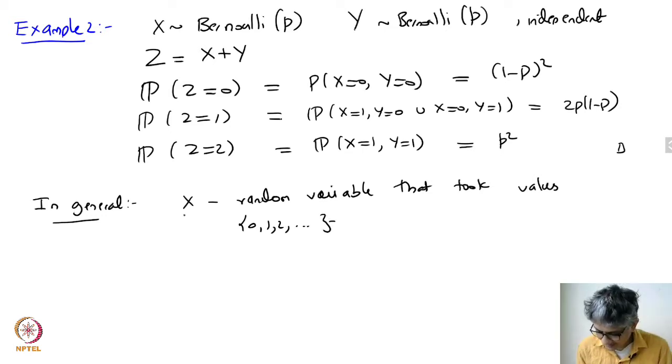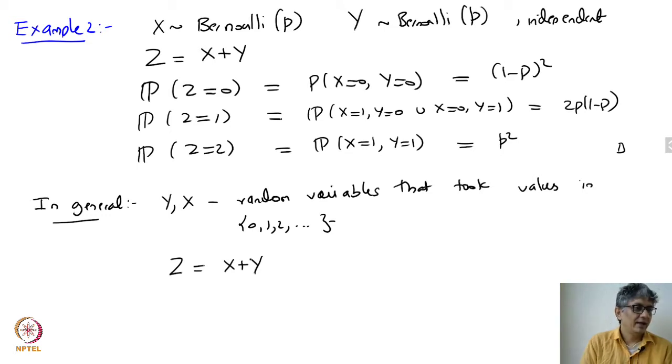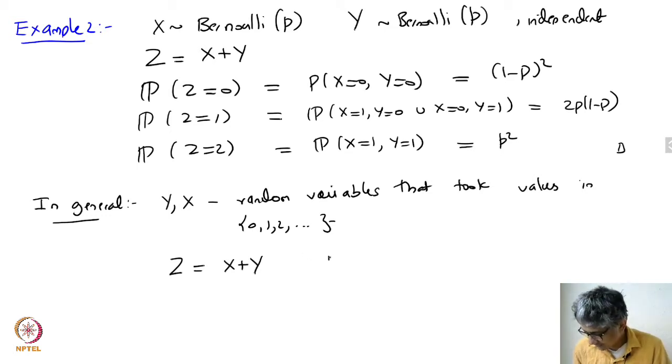And let's say even Y did the same thing. So X and Y are random variables that took values in 0, 1 up to n. And I had Z equal to X plus Y. In general, how would I try to find the distribution of Z?